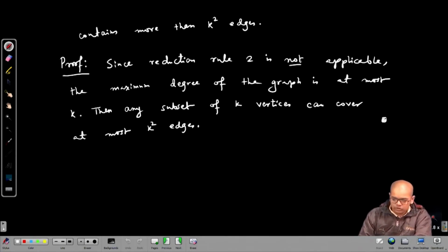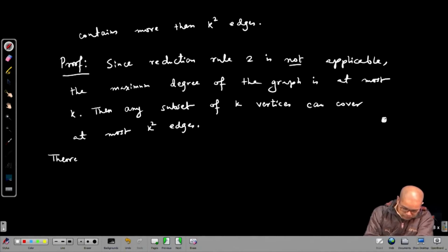Next we see that kernelization is really just the other side of the coin of FPT algorithms. What do we mean by that? Here is a theorem.